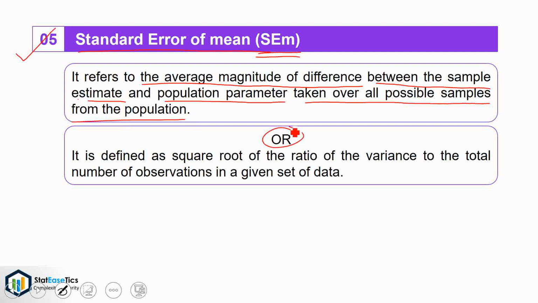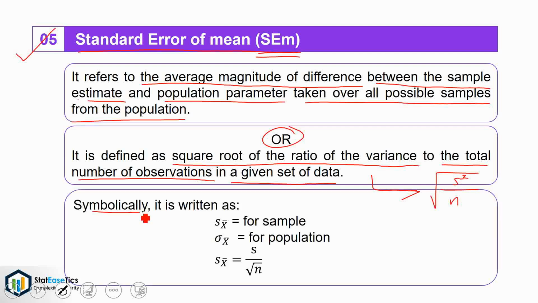Or it is defined as the square root of the ratio of the variance to the total number of observations in a given data set. Symbolically, it is written as Sx bar for sample and sigma x bar for population, or Sx bar is equal to S upon root n.